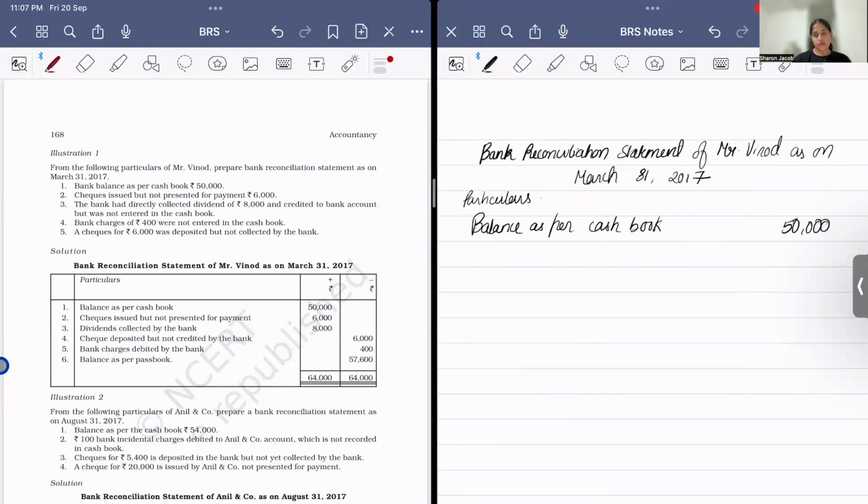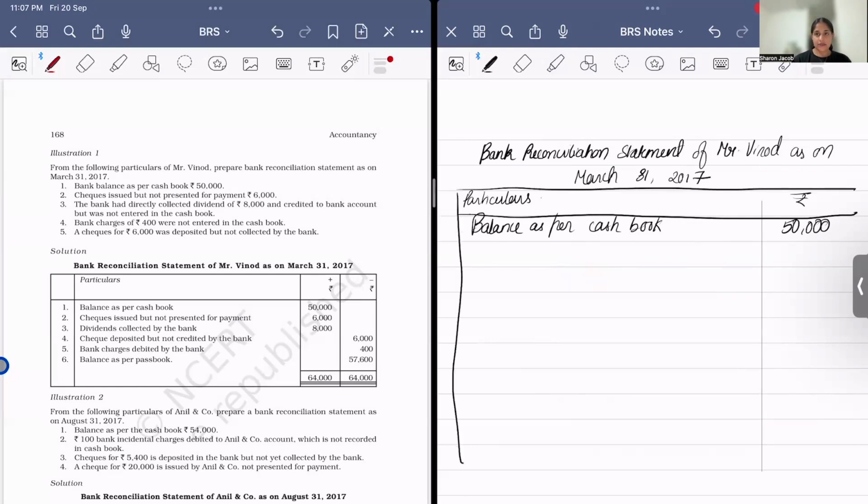We need not use both the columns. You can follow what's given in the text because it's the same, but otherwise we will just use one column, right? This is just an amount column. Balance. Just give me a second.